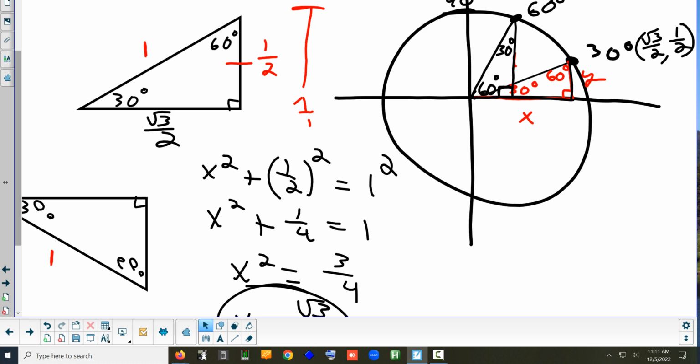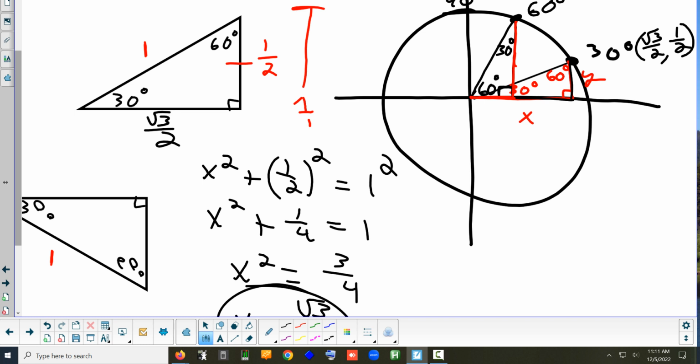So I want to know how far over, and then how far up. So what do you think the coordinate for 60 is? One more time. What is it? Oh wait, no, it'd be 1/2, then square root of 3/2.